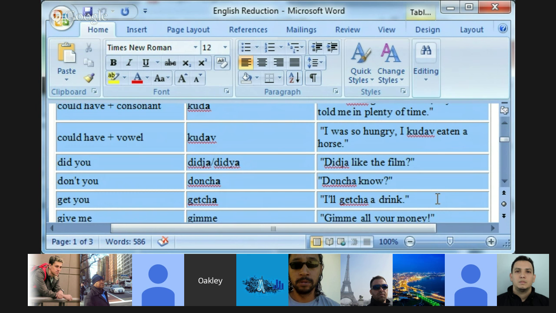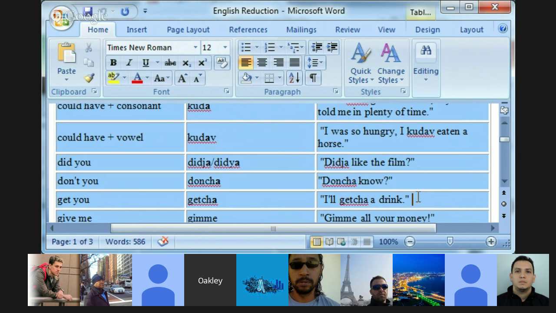I just had a question. Yeah. That A in getcha, it becomes a schwa because you have a schwa in the article, so it makes two schwas. That's right. So that's why one possibility here is just to do, I'll get you a drink. It's slightly stretched.